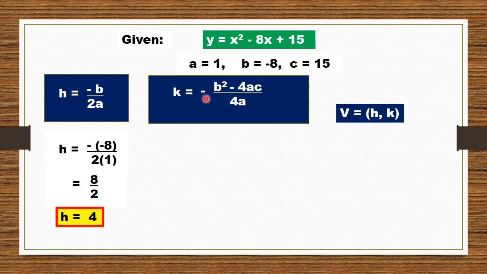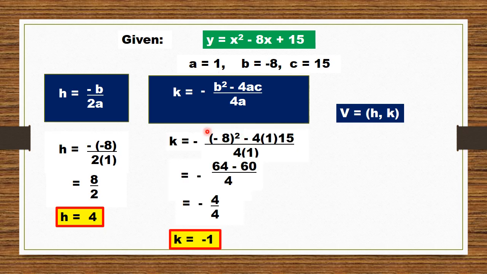So dito, pwede naman diretso na yung formula ng discriminant. Ito yan, b squared minus 4ac. Ayan. K equals negative b squared minus 4ac over 4a. So what is b? Negative 8, a 1, c 15. Just plug in.